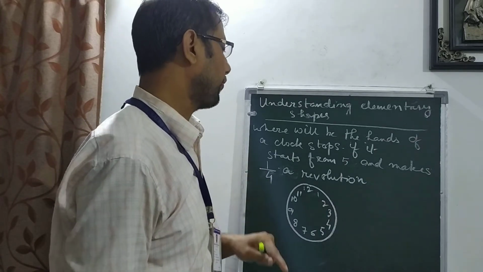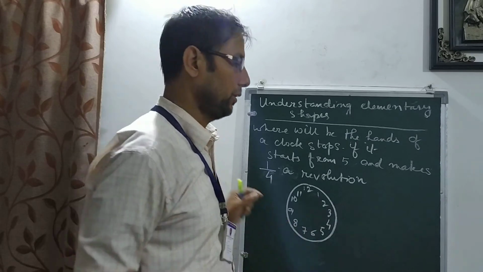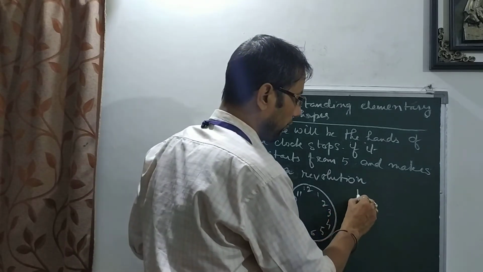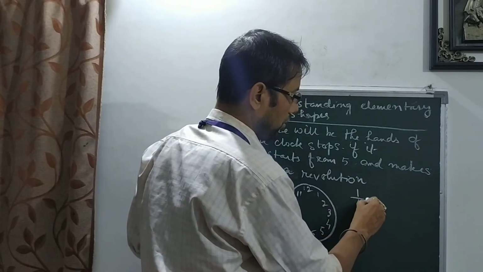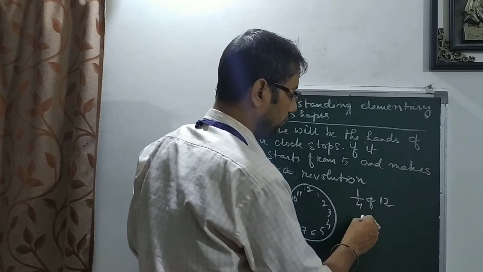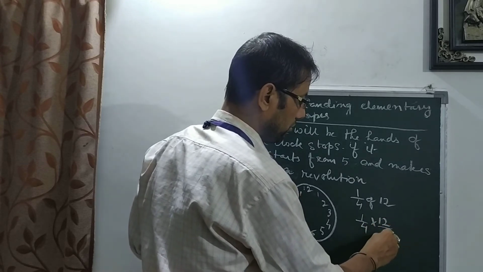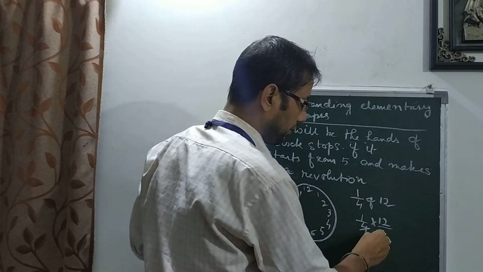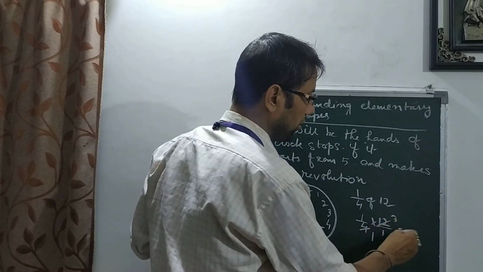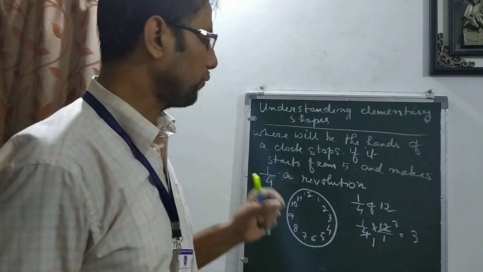First we should know what 1/4 of 12 is. 1/4 multiplied by 12: 4 3s are 12, so it is 3 parts. 1/4 of 12 means 3.